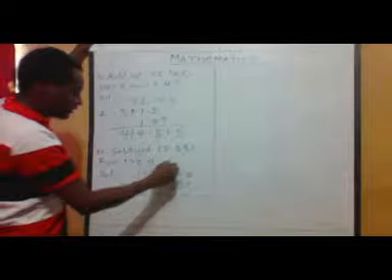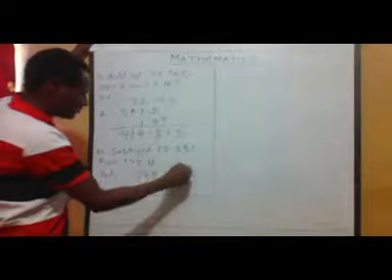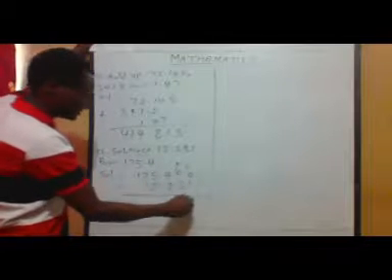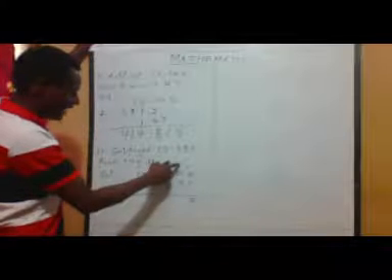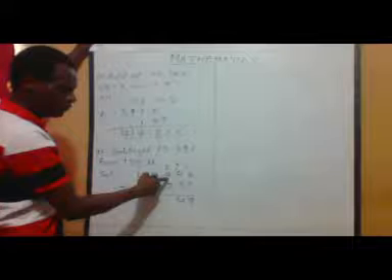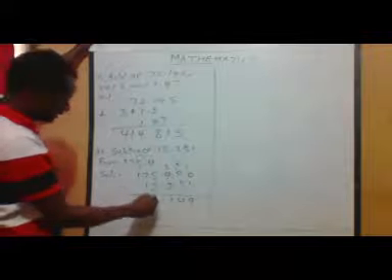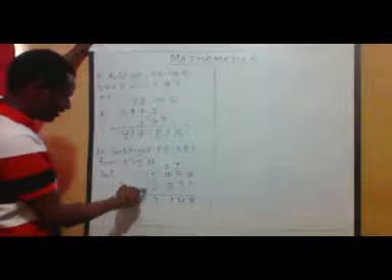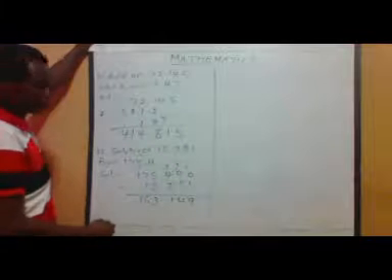Take 1 from here, it remains 9. 10 minus 1, 9. This one remains 9. 9 minus 5, 4. This one remains 3, since you have taken 1 from 4. 3 minus 2, 1, point. Now 5 minus 2, that's 3. 7 minus 1, 6. So it's as simple as that.